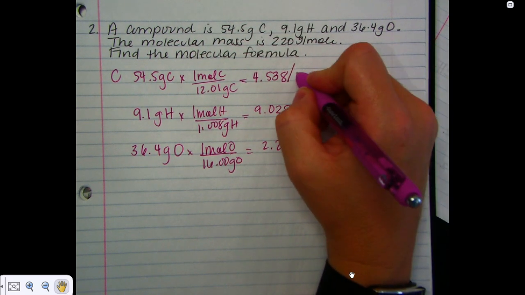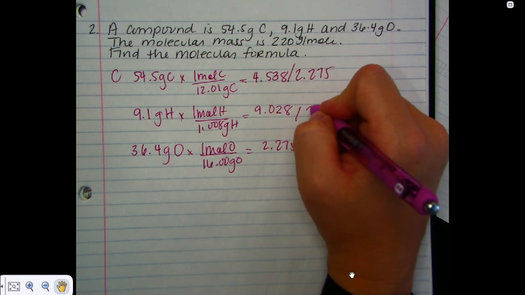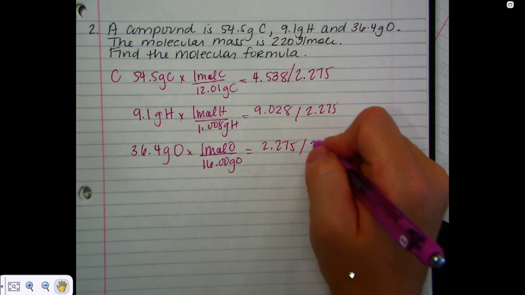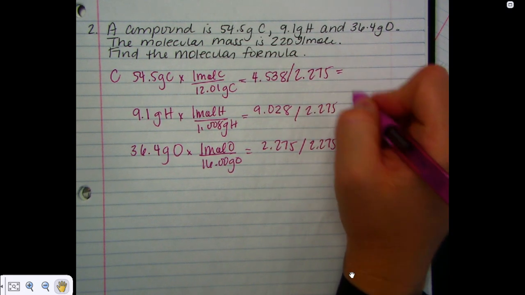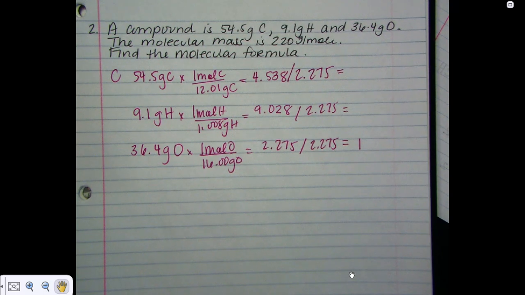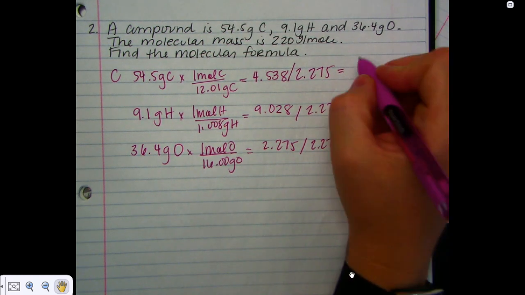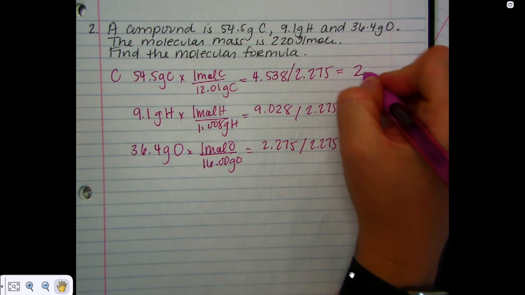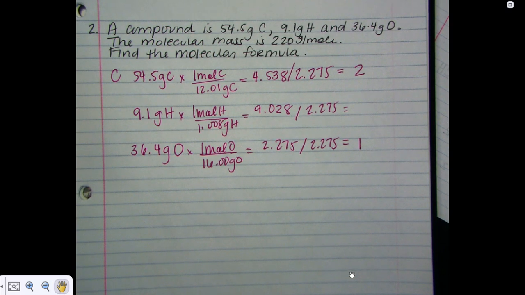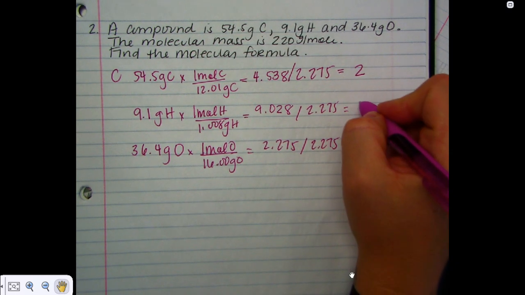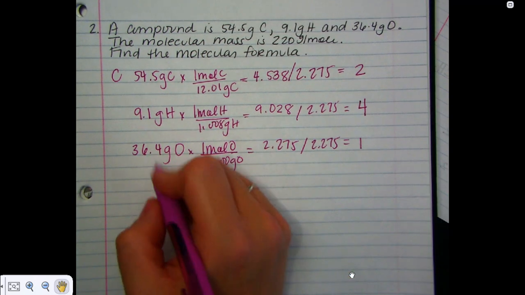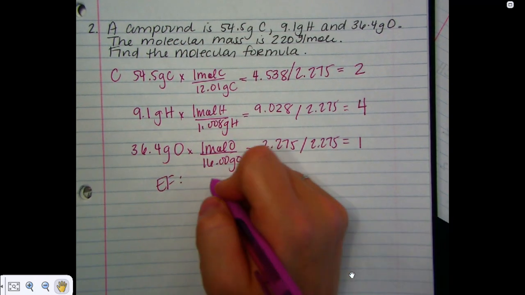Obviously, the oxygen moles are the smallest. The bottom one is 1. Let's see what the top ones are going to be. 4.538 divided by 2.275 is 1.99, so 2. 9.028 divided by 2.275 is 3.96, so 4.